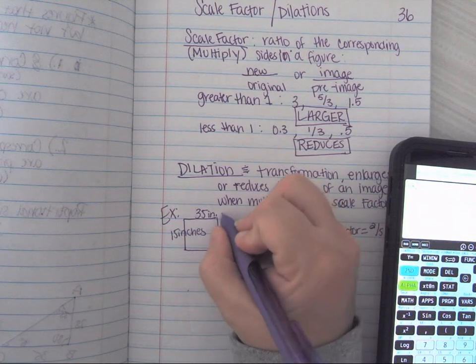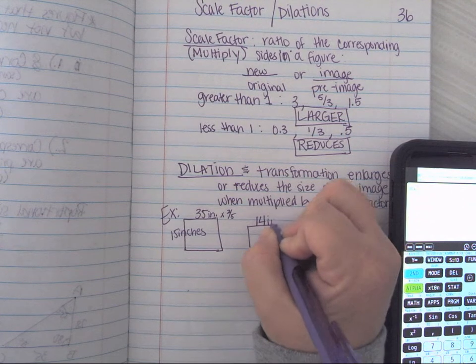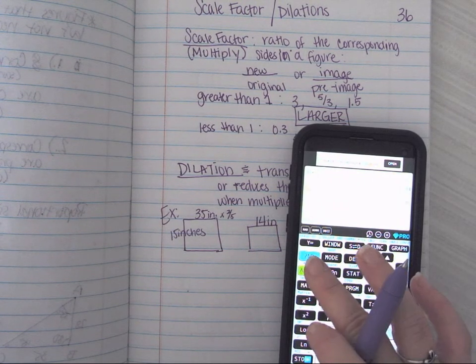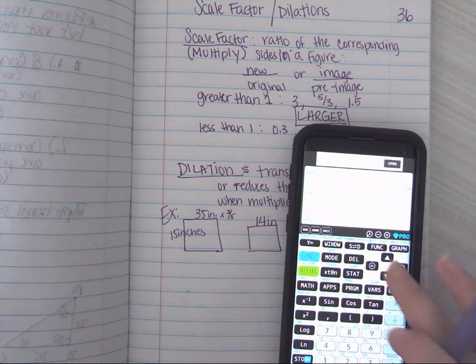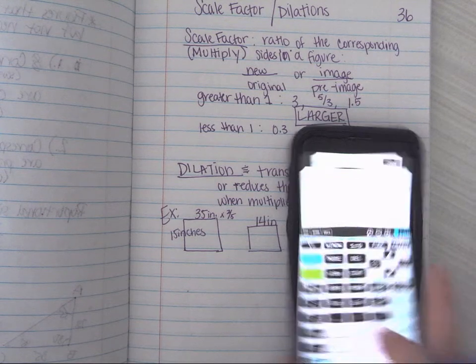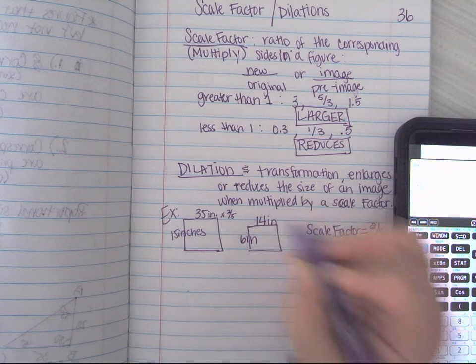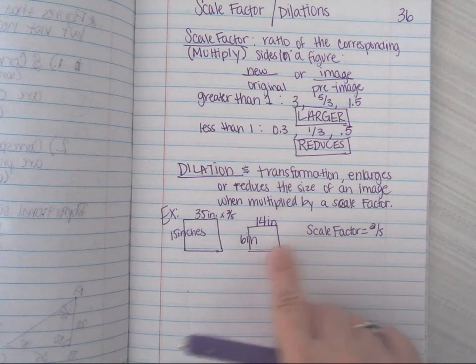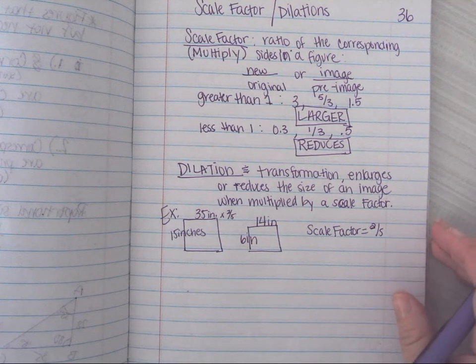This side is now 14. Then 15 times 2/5 is 6. These are the new sizes. Would I have known this was going to be a reduction just based off of my scale factor? Yes, because it's less than 1.